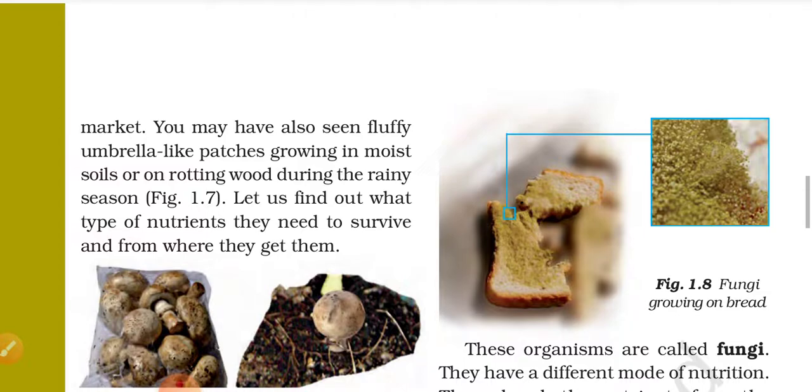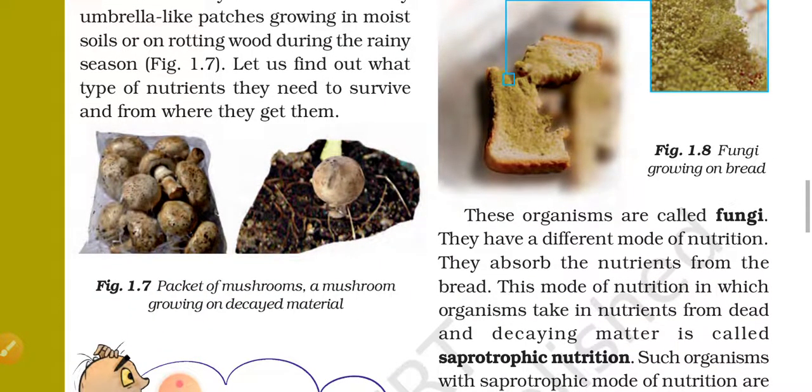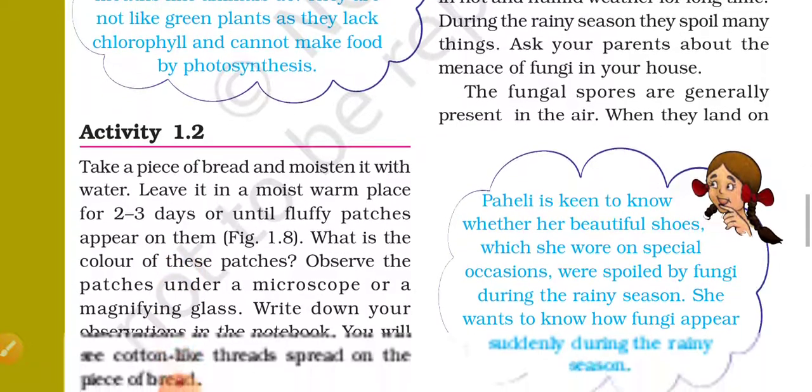Let us find out what type of nutrients they need to survive and from where they get them. Bojo wants to know how these organisms acquire nutrients. They do not have a mouth like animals do. They are not like green plants, as they lack chlorophyll and cannot make food by photosynthesis.